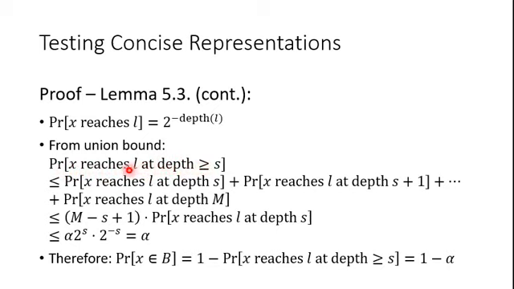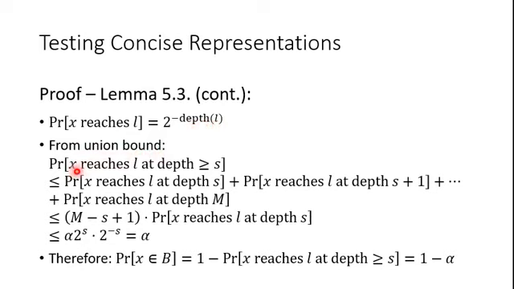Before we do this, we can notice that the probability that x reaches leaf L equals 2^(-depth(L)). Why is that? Because every time on the path to L, we have to choose an edge, which is either going to be 0 or 1, and the probability of it being 0 is half, and the probability of it being 1 is half. So this is half to the power of depth(L).